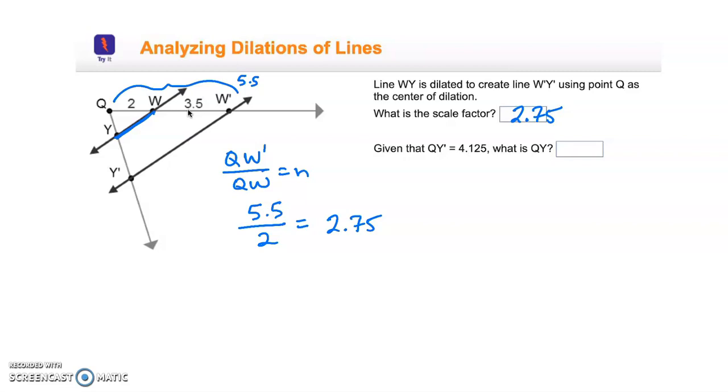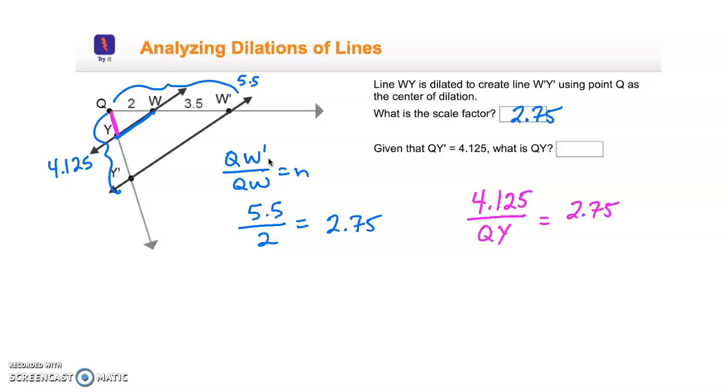So now it says if we know that QY prime, meaning this whole thing, is 4.125, what is QY? So in this case, we just want to find this little section. Well, again, we're going to use the same thing. We're going to say QY prime, 4.125, over QY, which we don't know, is equal to 2.75.